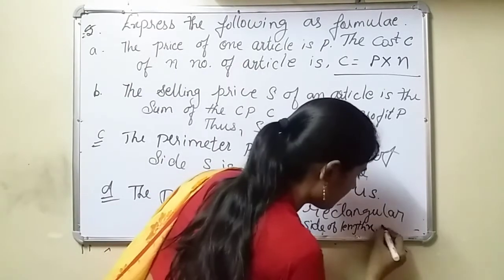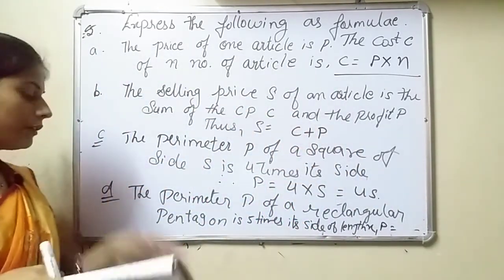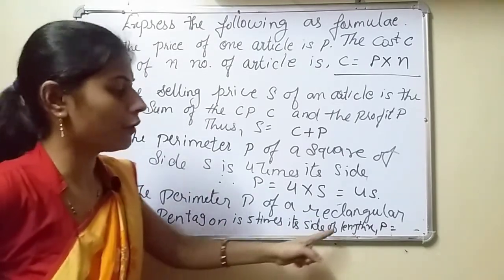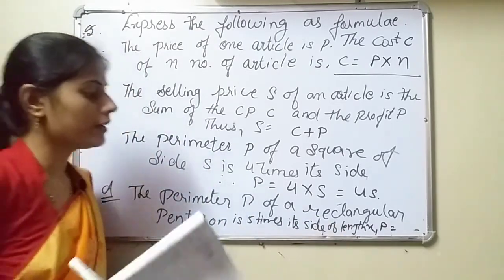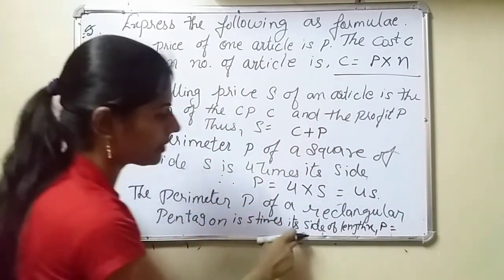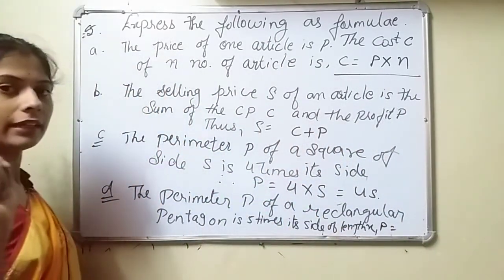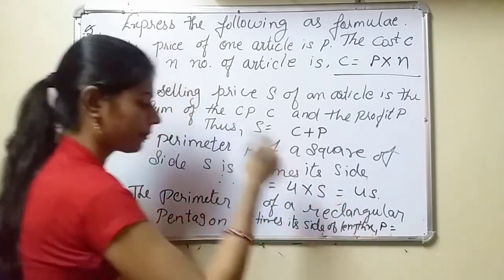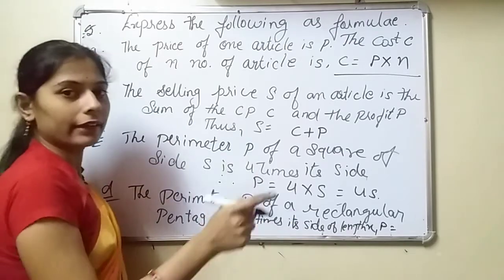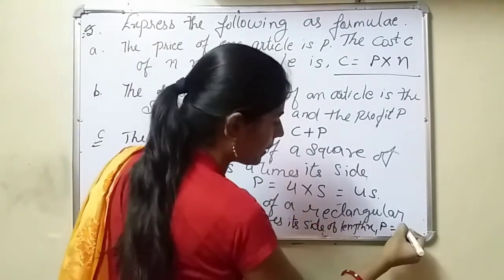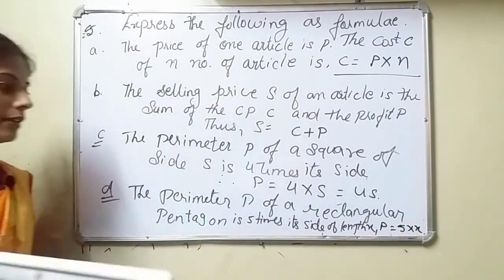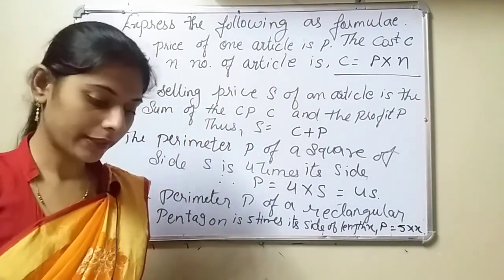Then what they have asked, P is equal to, how can you find P? The perimeter P of a pentagon is 5 times its side. What is the side given here? x. How many times is it given here? 5 times. It means 5 into x. You will get it here. So we have completed this exercise.